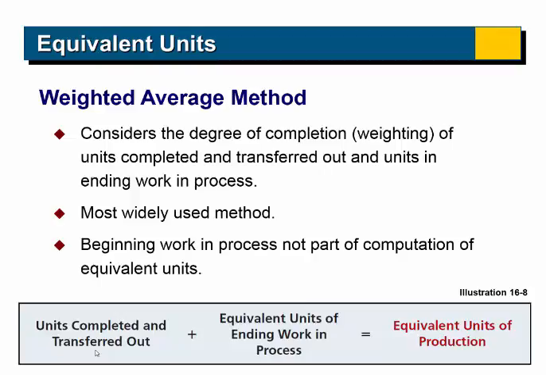It's going to be 11:59 p.m. and there are still going to be some units still in this particular work in process department, and they are not done. They are not finished. They have not been completely converted. Therefore, we need to calculate, quote unquote, the equivalent units of them.